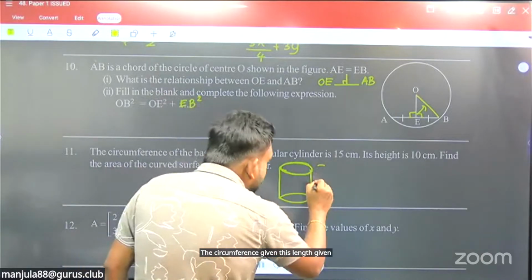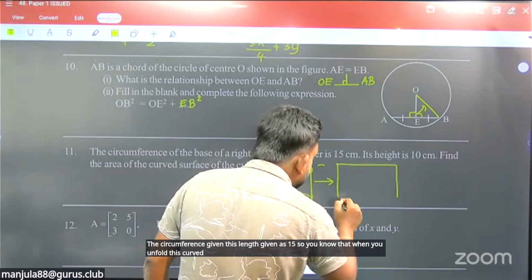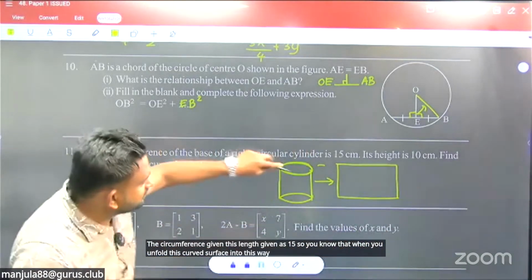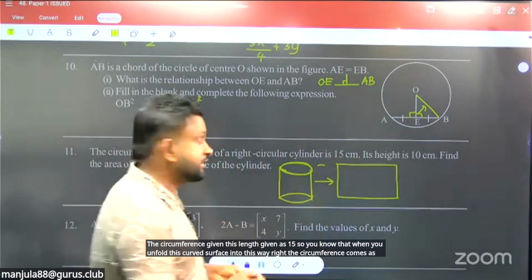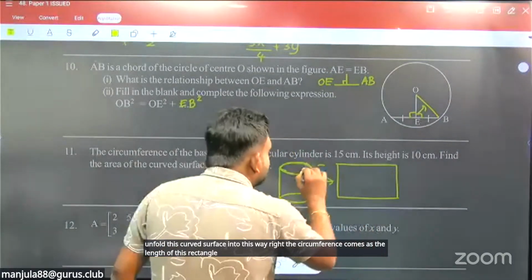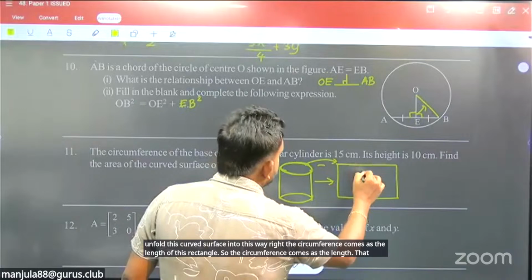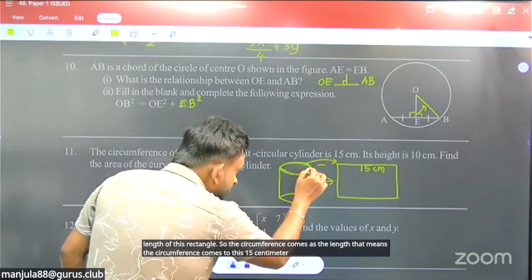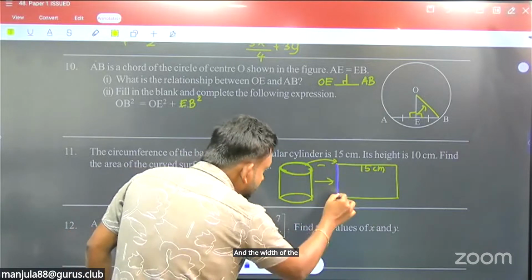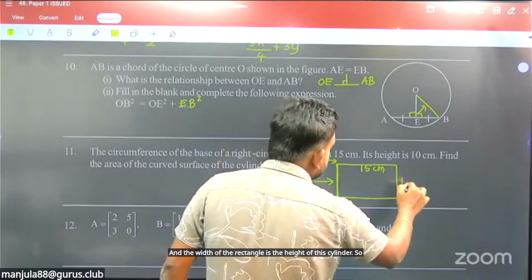So you know that when you unfold this curved surface this way, this circumference comes as the length of this rectangle. That means the circumference comes this way, 15 centimeter. And the width of the rectangle is the height of this cylinder, so that height is 10 centimeter.